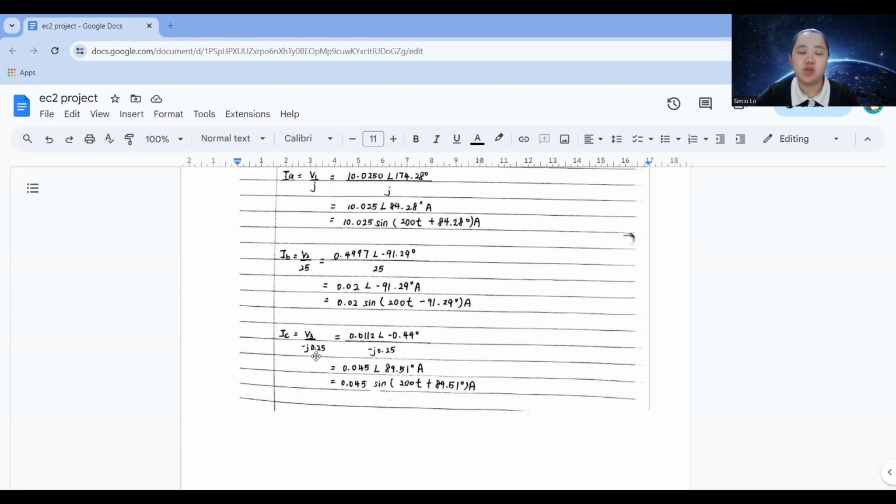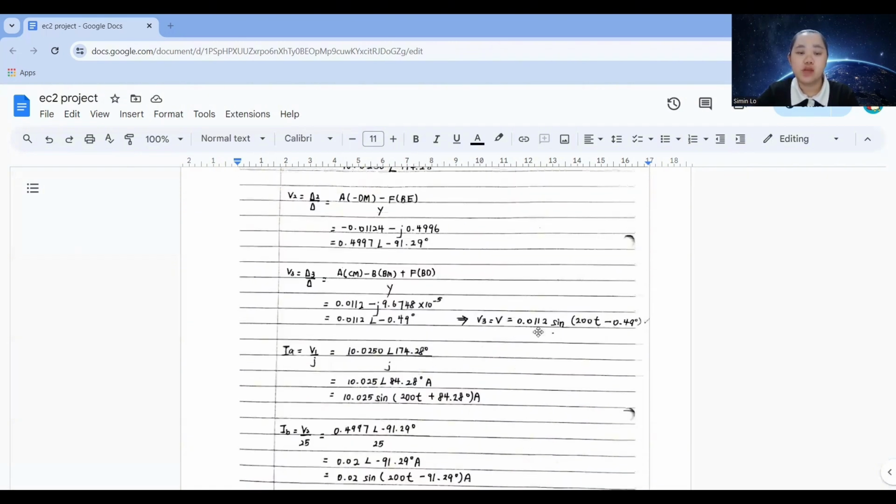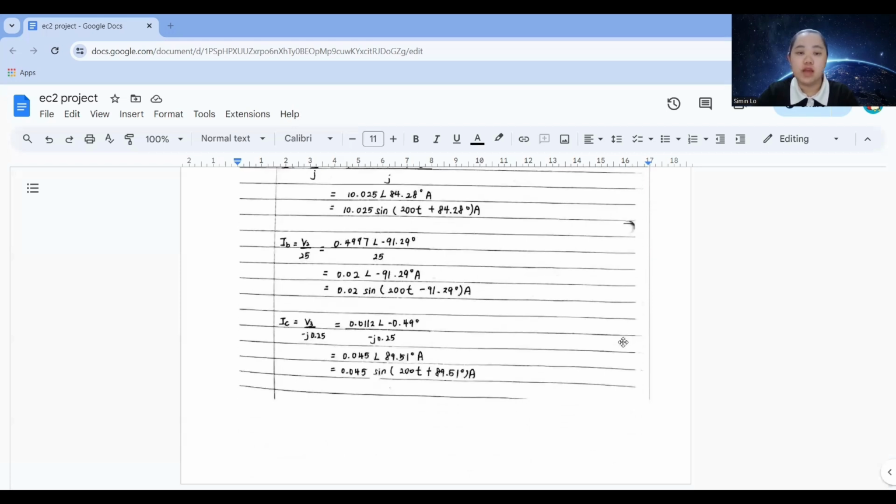IC is equal to V3 over negative j0.25, and the final answer for IC is 0.045 sine 200t plus 89.51 degree ampere. For the voltage V, the answer is 0.0112 sine 200t minus 0.49 degree volt. That's all for the solution of question 2.